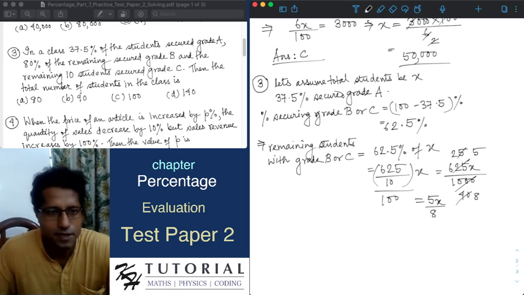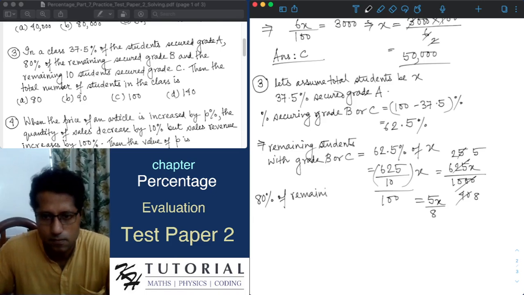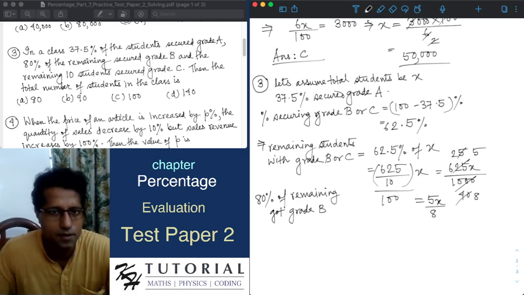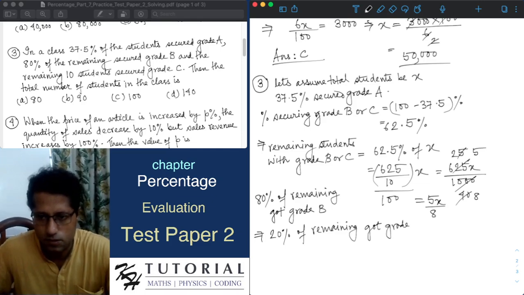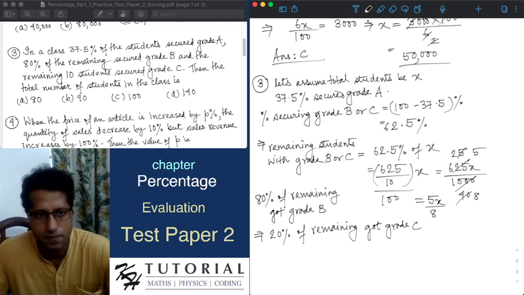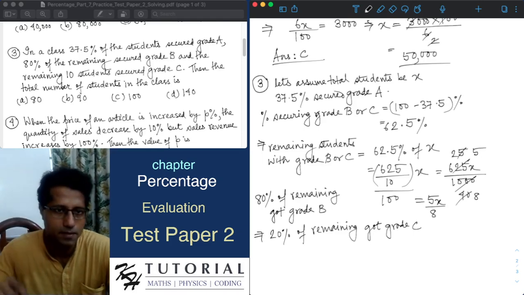Now it is saying that 80% of the remaining, meaning this 5x by 8, got grade B. It is saying that 80% of the remaining got grade B, and the remaining 10 students secured grade C. So this implies that 20% of the remaining got grade C. If 80% of the remaining got grade B, and the remaining 10 students secured grade C, then these 10 students should be 20% of the remaining.